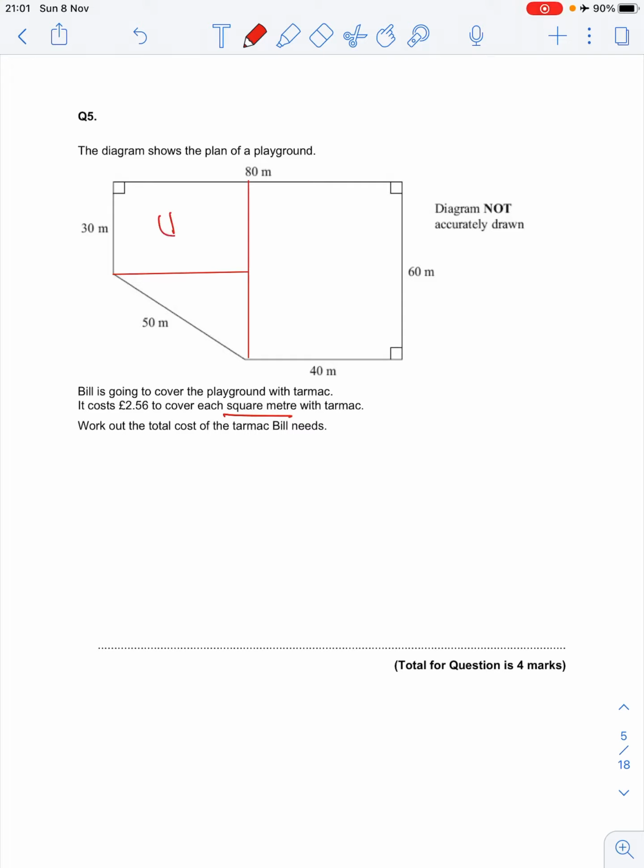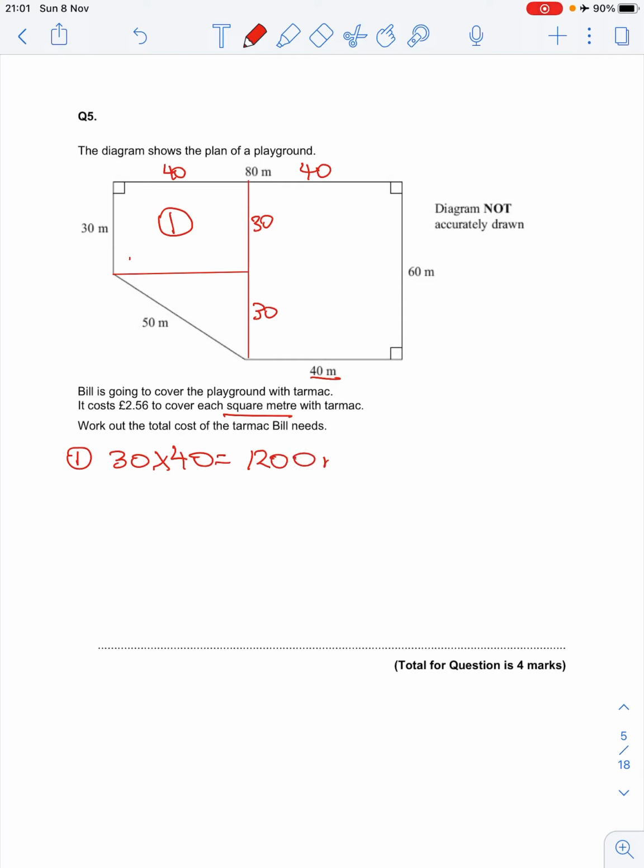Find the area for the first shape. The width is 30, and remember this is 40, so this part is 40, and this is 40 to make the 80. Then remember this part is 30, and to make the 60, this part is 30. So to find the area of shape 1, we have 30 multiplied by 40.